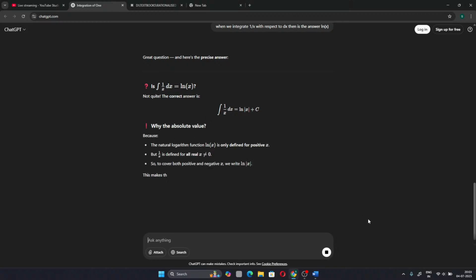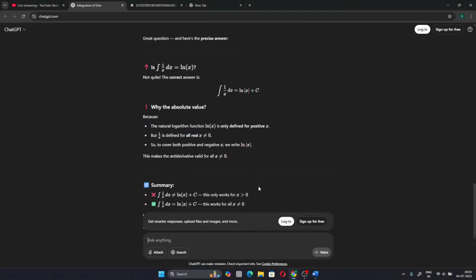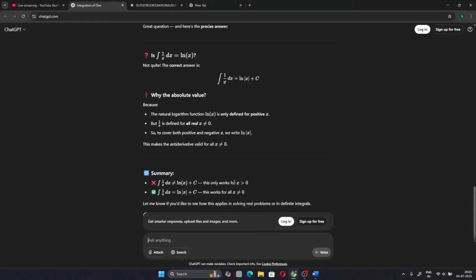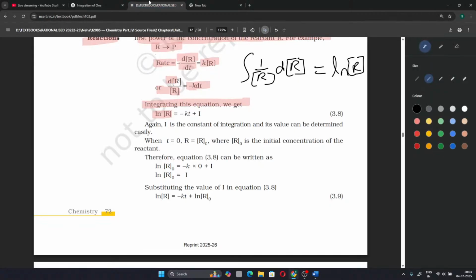Yeah, it is ln x plus c. That is why we got ln [R] equals minus kt plus I, where I is the integration constant.